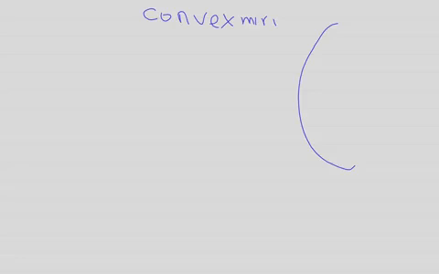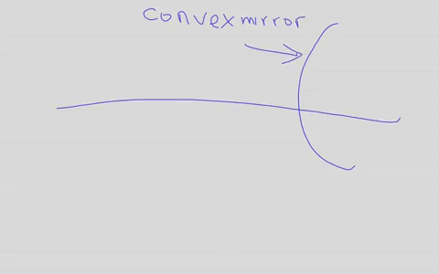Now we deal with the convex mirror. This is the reflecting surface. Irrespective of the object position, the image is going to be virtual.